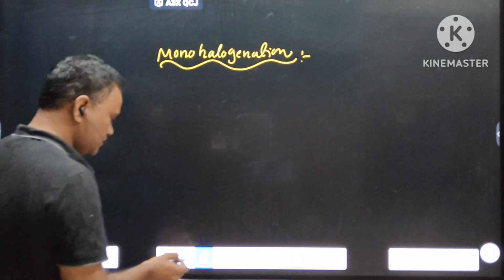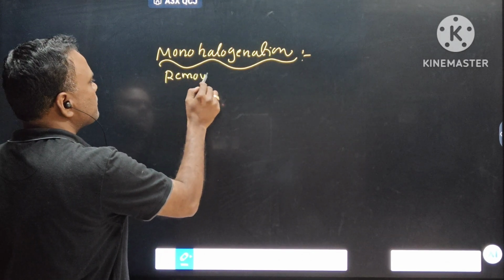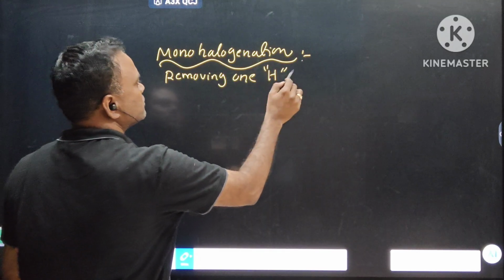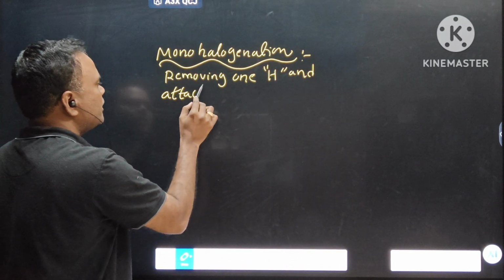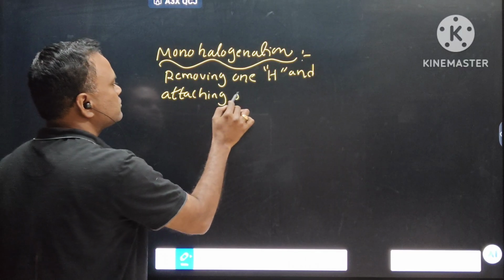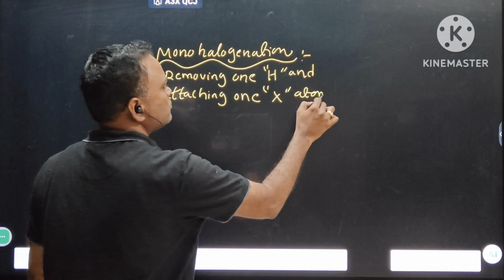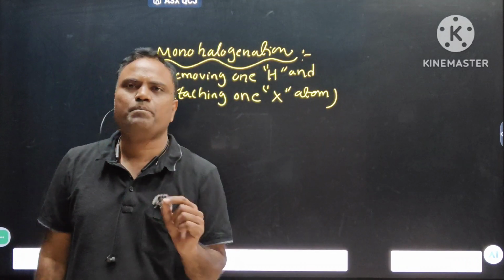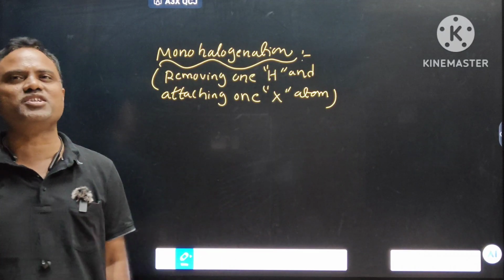I'll write the definition of monohalogenation: removing one hydrogen and attaching one halogen atom. This is called monohalogenation.